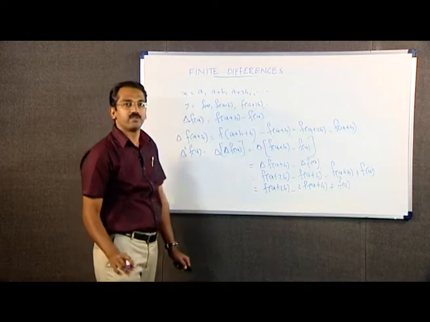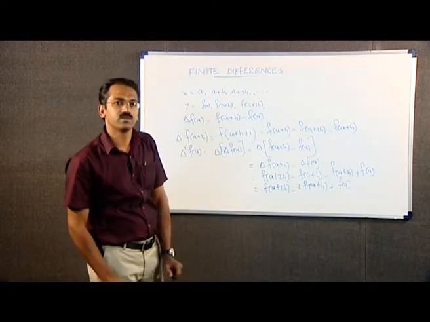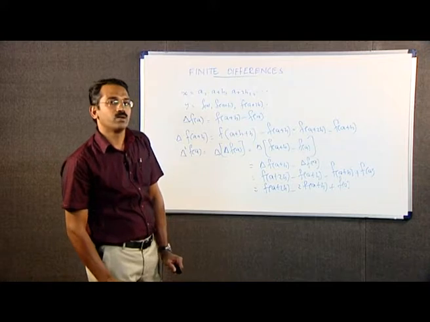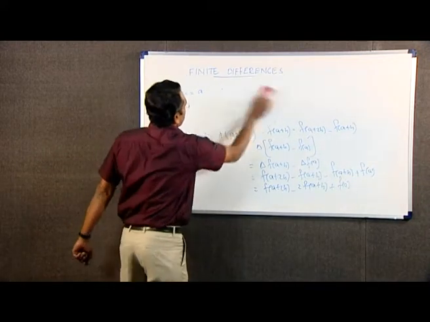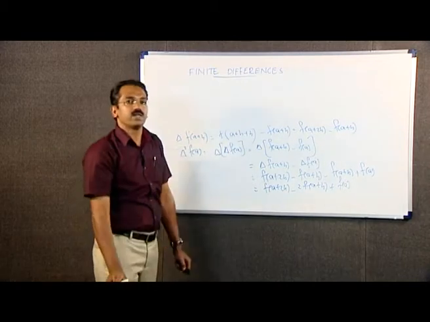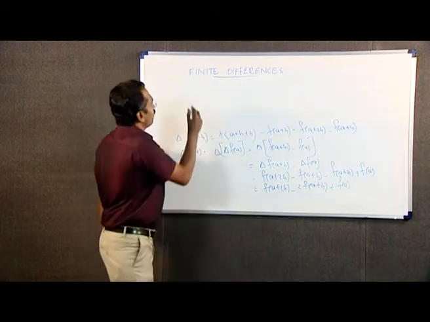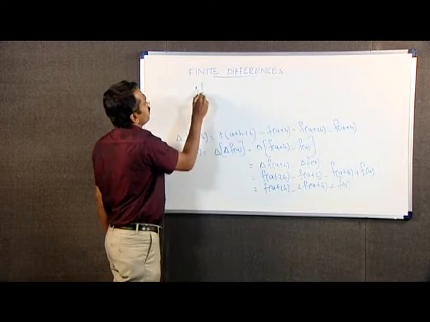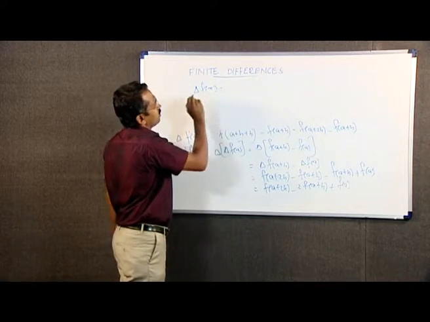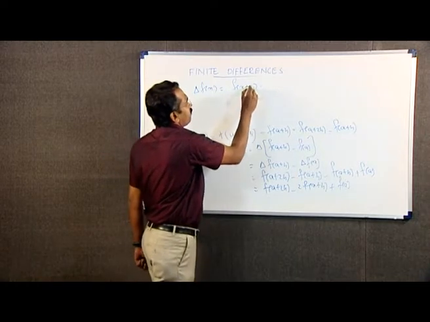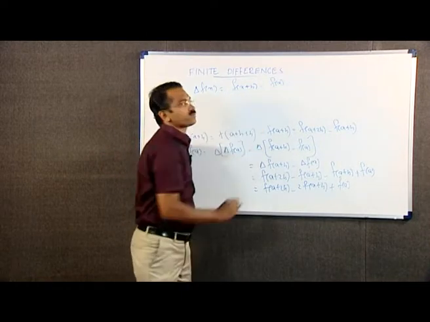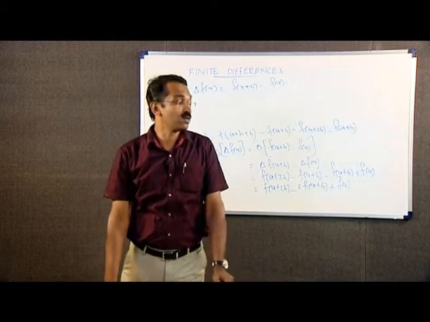Similarly, we can define the higher order differences. In general, we can write the definition as delta f of x is equal to f of x plus h minus f of x. This is the general definition.